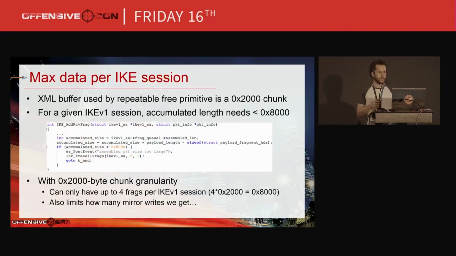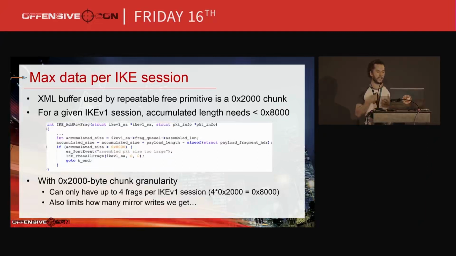The other constraint we have with IKE, as I said earlier, is we can't send more than 8,000 bytes per session. This can be annoying because we have another constraint on the actual XML buffer, which is our double-free bug, which we're going to call repeatable free just after.